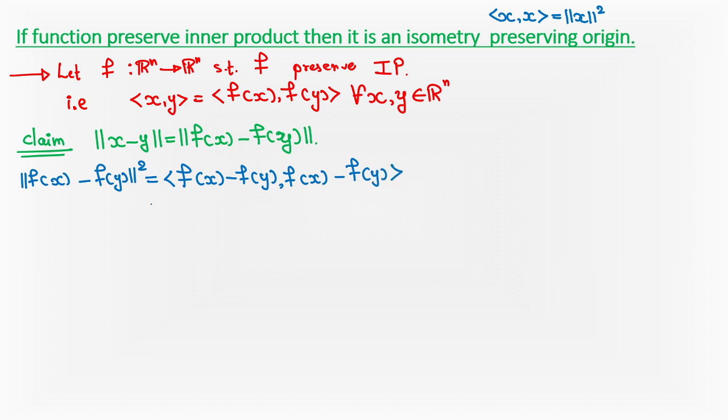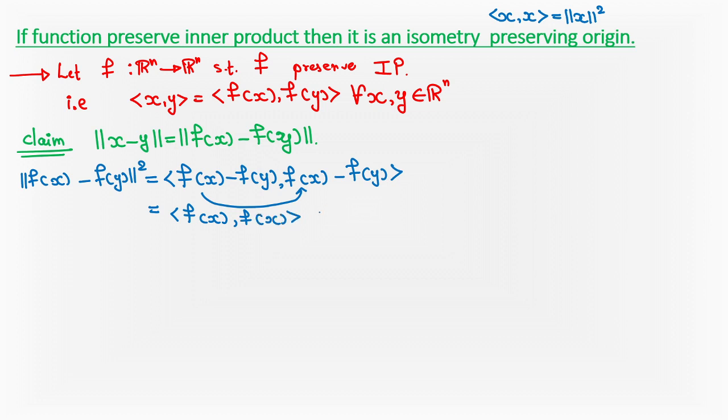What we do next is we just distribute this inner product. We are using the property of the inner product being linear. So now I can write the first term with the first term, so it becomes the inner product of f of x with f of x.